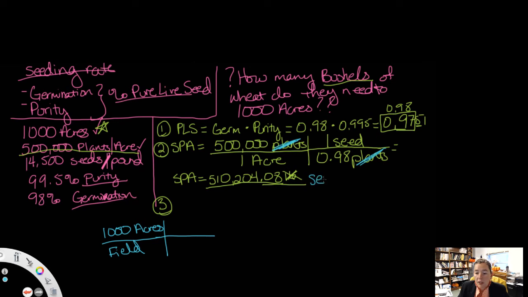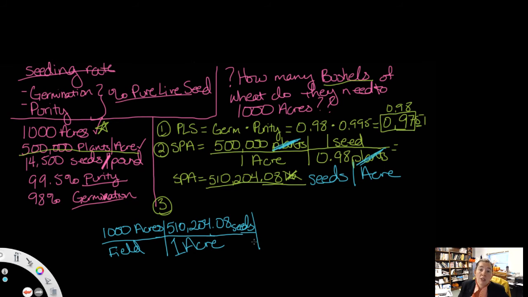This is going to be seeds per acre. So we're going to put our 1 acre down here, and our seeds is going to be 510,204.08, and that's our number of seeds in this 1 acre.